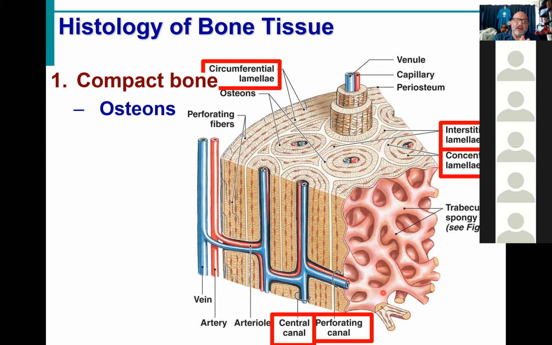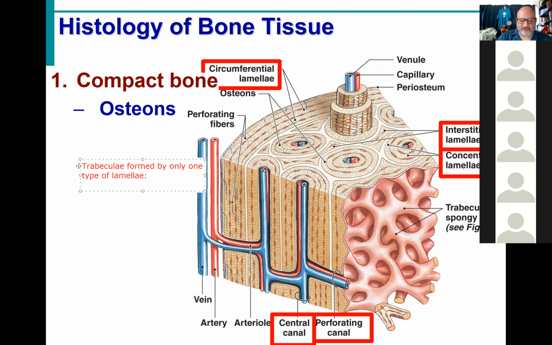It can't be concentric. So as it turns out, the trabeculae, and again, I think I'm going to say this on the next slide, but we'll do it since this was a great question, I'll go ahead and answer it now. The trabeculae are formed by only one type of lamellae. And what is the only type of lamellae that can form the spongy bone, that can form our trabeculae?